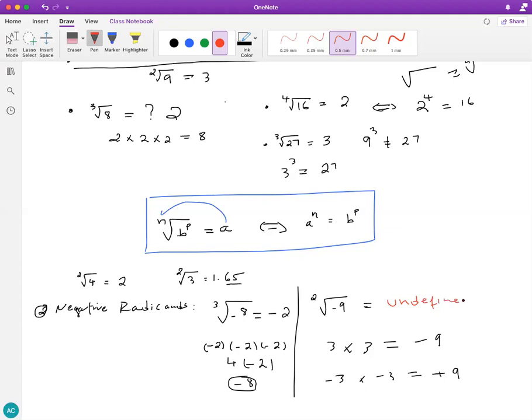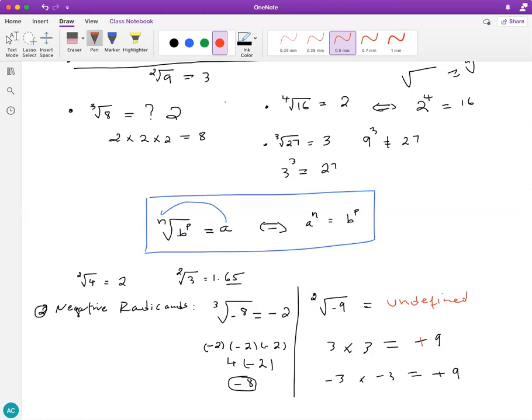Okay, so no number multiplies by itself into a negative. The result will always be positive, whether you take two negatives here or two positives. So when you times a number by itself, whether the number is negative or positive, it's going to be positive.